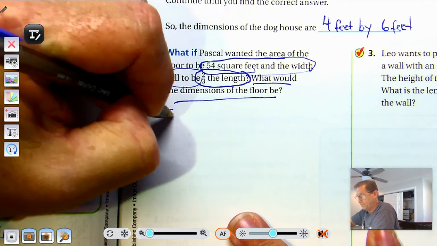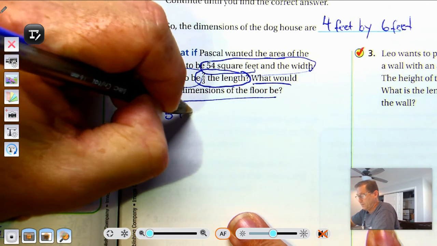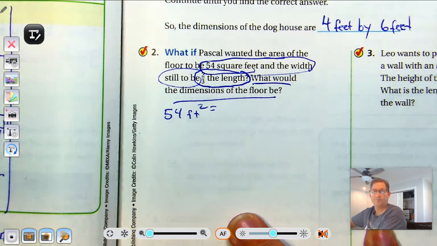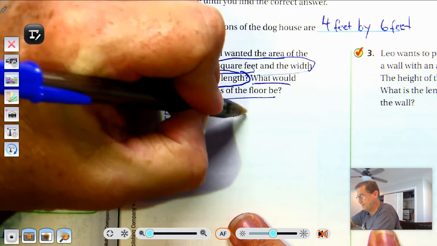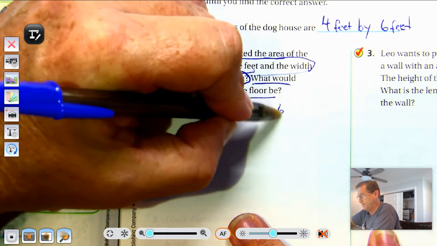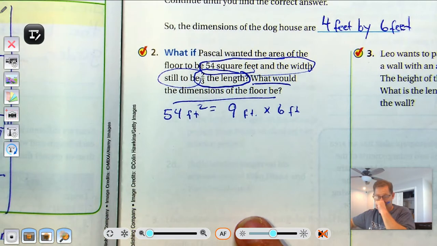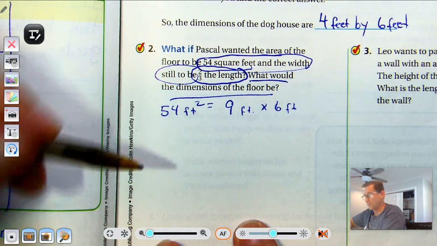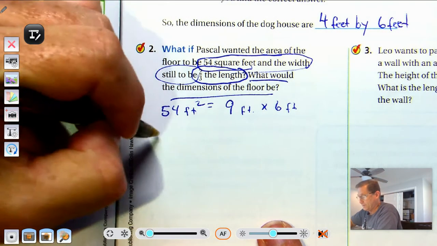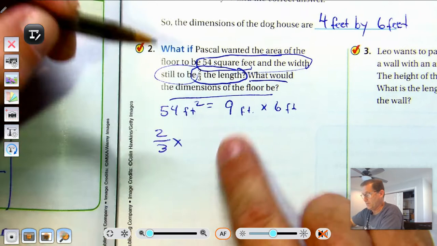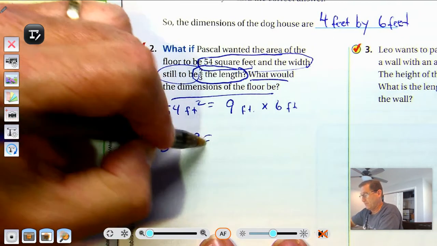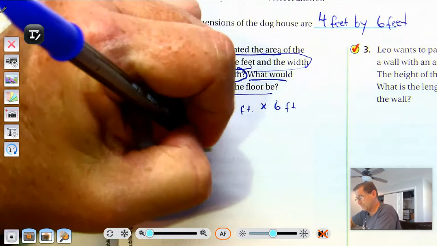All right, well, 54 square feet. Well, we know that 9 feet times 6 feet is 54, right? So let's take 2/3 of the larger number, the 9, and we're hoping to get 6.